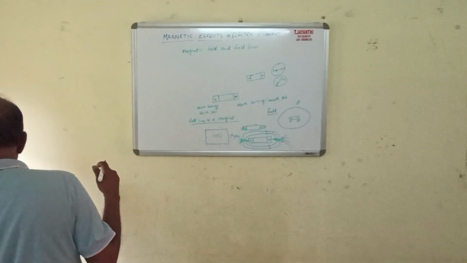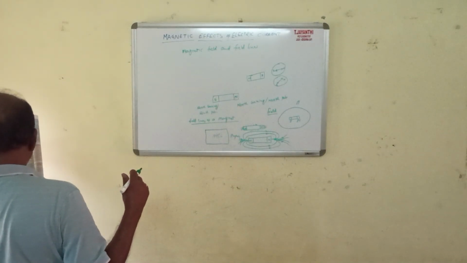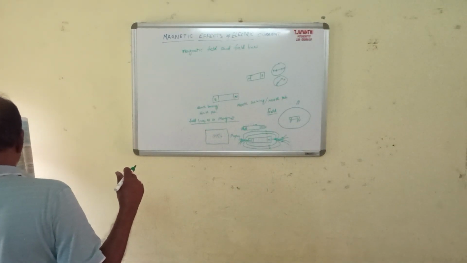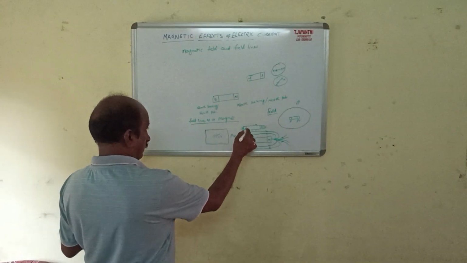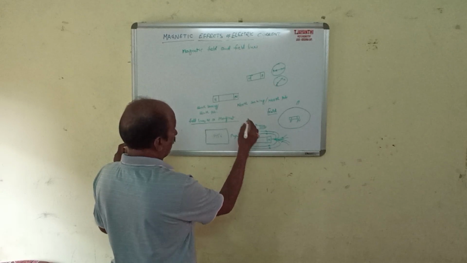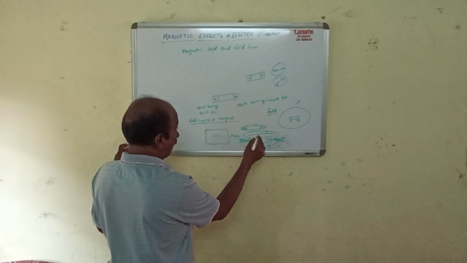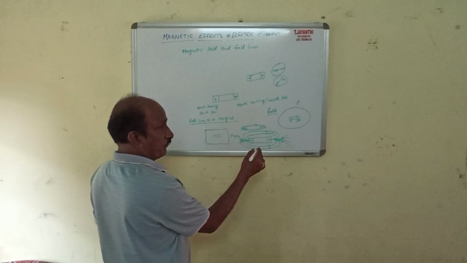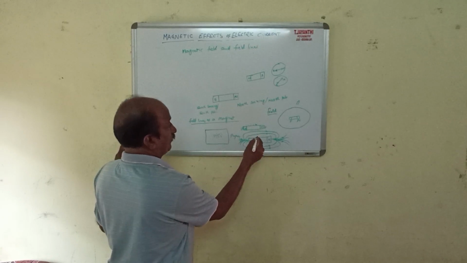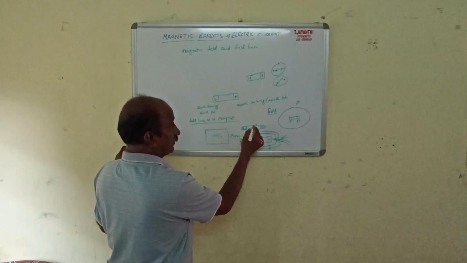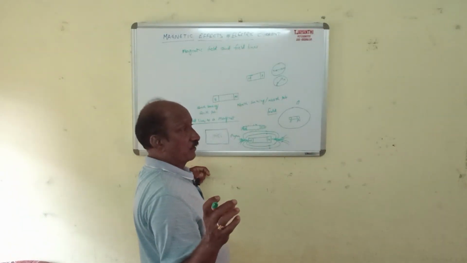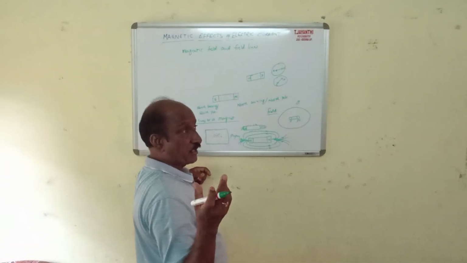When these iron filings are brought near this magnet, it exerts some force to attract these iron filings, so we can term this as field strength.